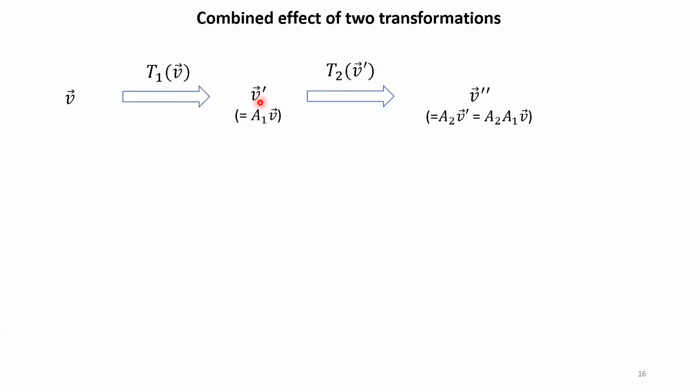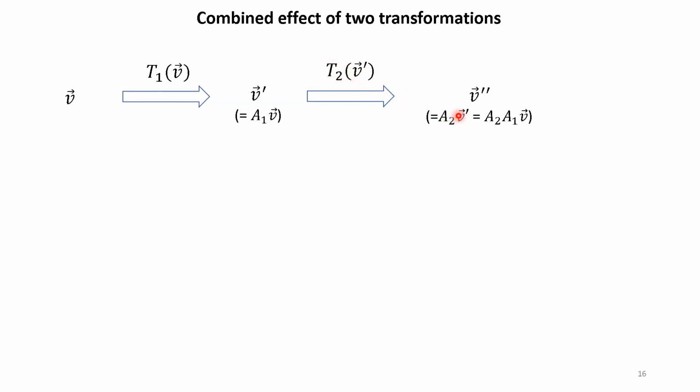Taking this v prime, I do another transformation, T2, and at the end I get this v double prime. Again, I can represent it as A2 v prime, where A2 is the transformation matrix for T2.